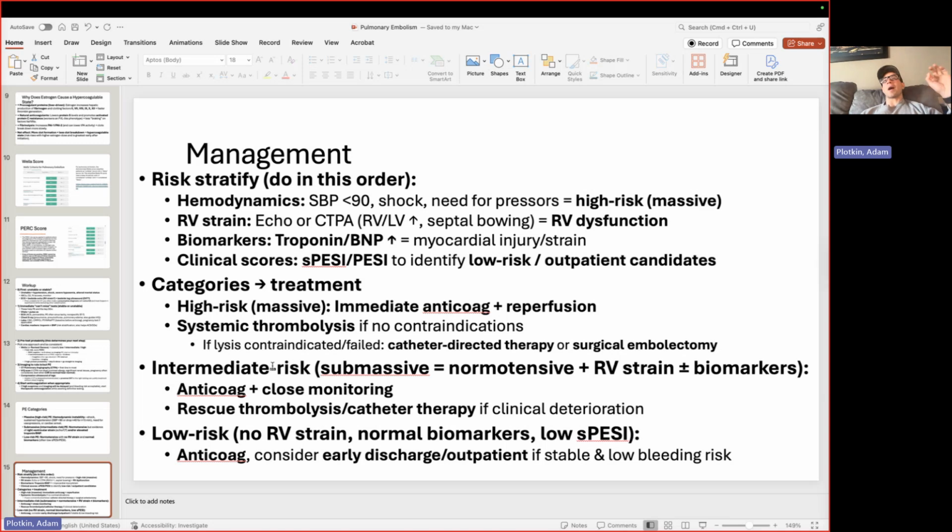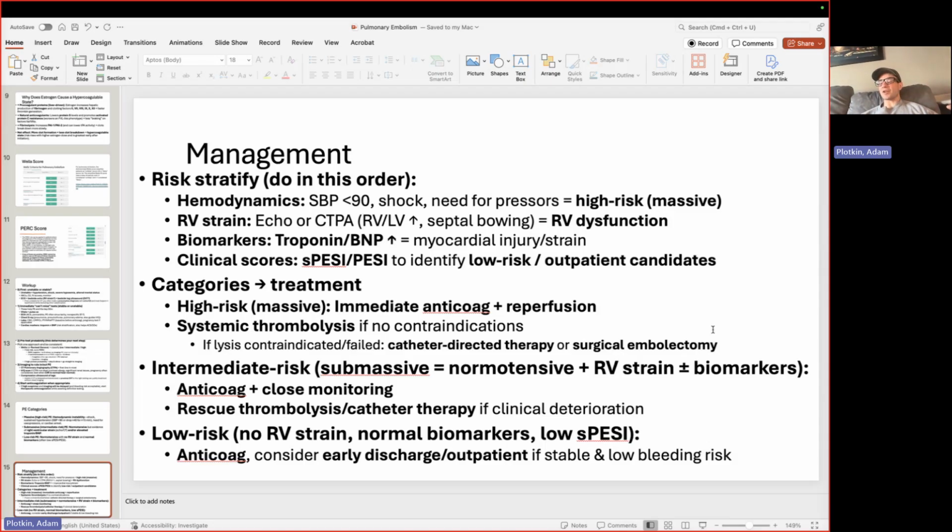If the thrombolysis is contraindicated, which we'll talk about in a second, we can do what's called catheter-directed therapy or surgical embolectomy, where essentially we're sticking a catheter in and putting the TPA directly into where the clot is, or we're surgically removing the embolus. Systemic thrombolysis is first line because it's easy.